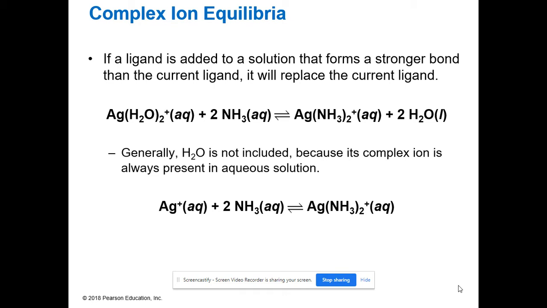Generally, when we write our equations, we don't actually include water. That silver plus is actually a silver water complex ion, but we don't write it that way. We just write it as silver plus because we know water is not a very strong ligand, it will easily kick out, and therefore we can just write silver plus ammonia will give us that silver ammonia complex.